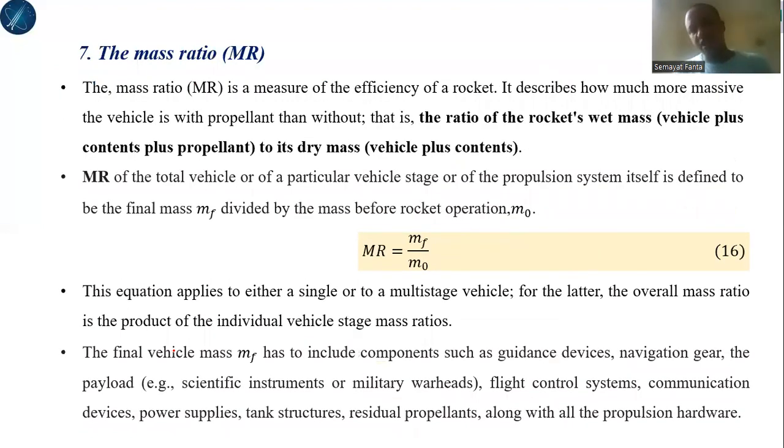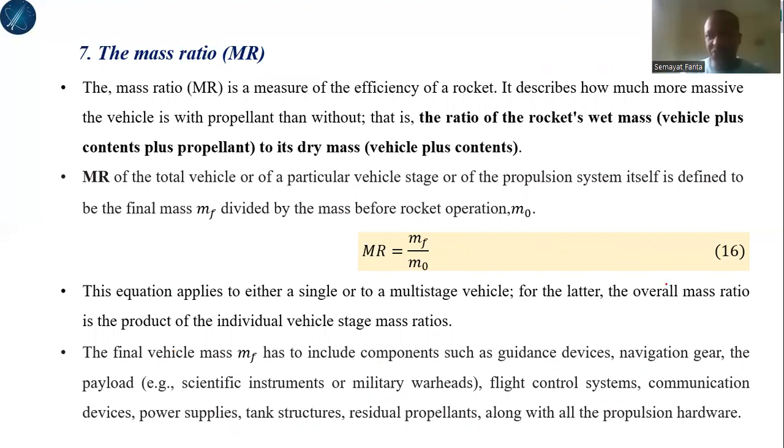There are different ratios that we will see after this. So, mass ratio, what is the mass ratio? That is just a measure of the efficiency of a rocket. It describes how much more massive the vehicle is with the propellant than without. That means the ratio of the rocket's wet mass, where wet mass means vehicle plus contents plus propellants.